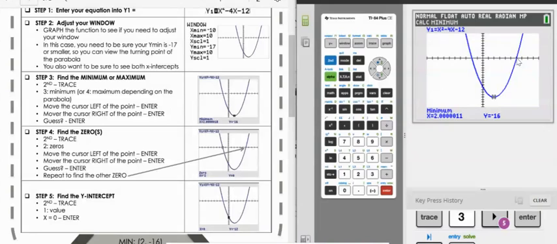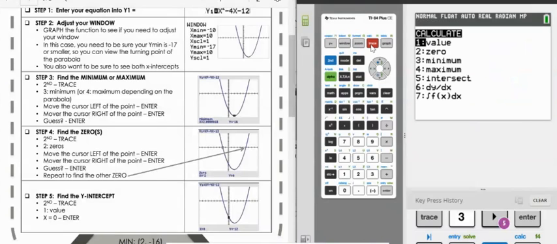We'll use the calculator to get a precise location. If you remember, these are the solutions to this function, but I also taught you another word. We can call these the zeros of the function. So go to your second trace menu and choose number 2.